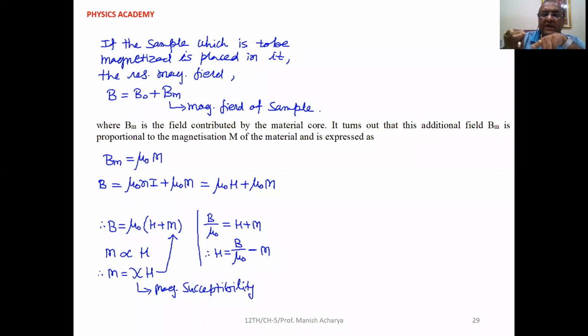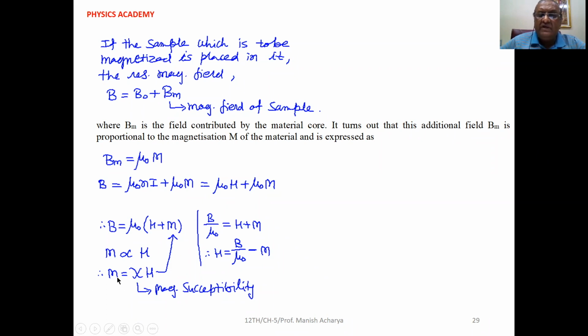And if the magnetic field produced by the solenoid becomes stronger, then the magnetization of the sample placed inside it also increases. So here we can write M, magnetization of the sample, is directly proportional to H.